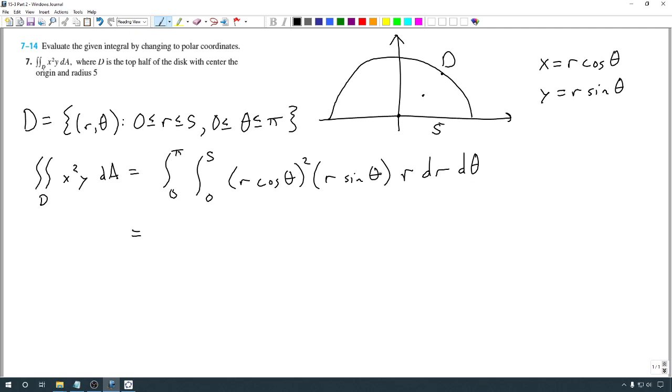We'll go ahead and rearrange some stuff here. So here we have, well, actually 4 copies of r. We have 2 copies of cosine, and we have 1 copy of sine. When we integrate with respect to r, the cosines and the sine are just constants, so we don't have to do anything with those.